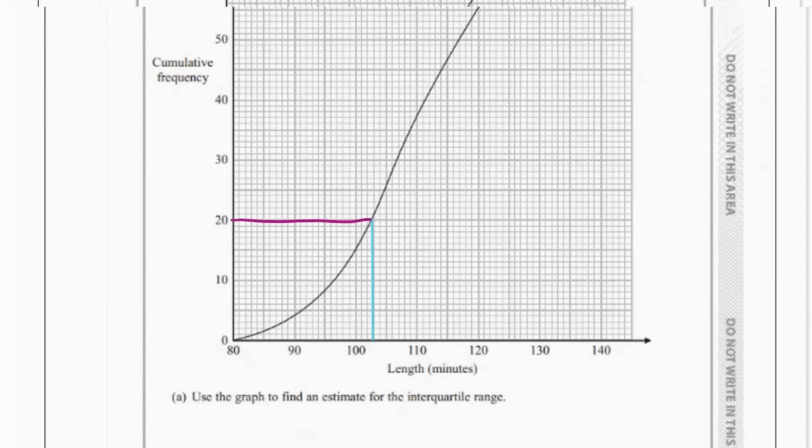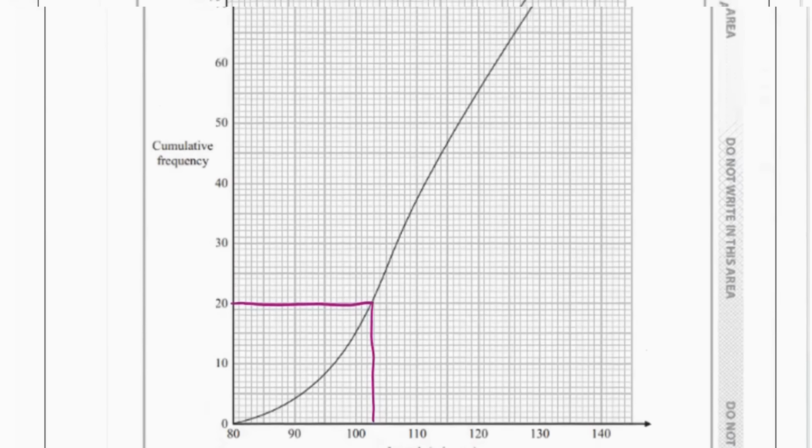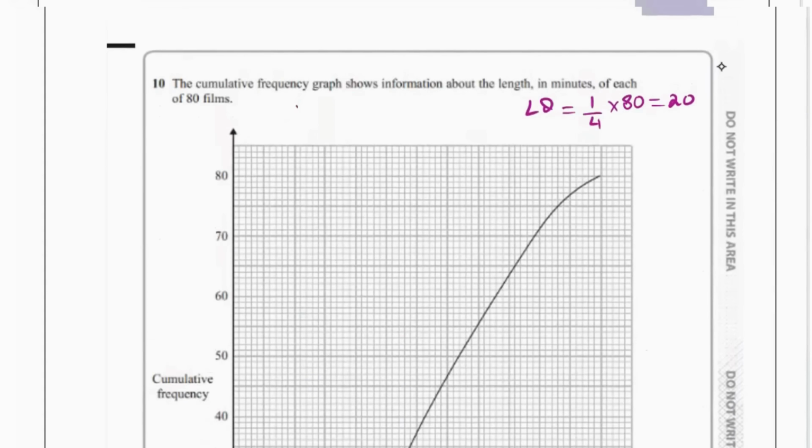That is going to be at 103. So the lower quartile is 103. Now for the upper quartile, we do 3/4 of 80, which is going to be 60.